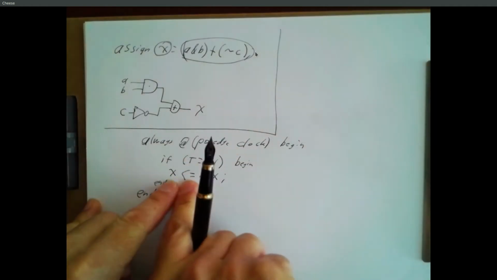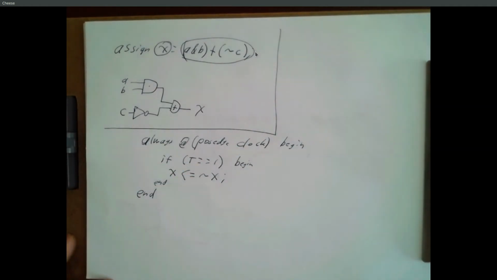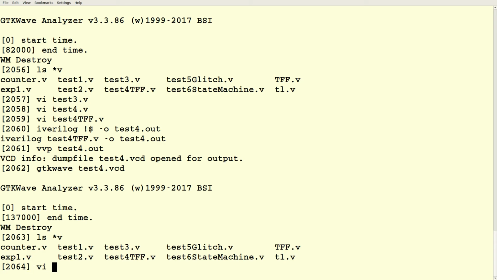All right, so if T is 1, we want X to toggle, otherwise we don't want X to change. Yeah? So what if you do an exclamation point instead of the tilde? I think exclamation marks work also for negation. They work. Is it different? I think it's just dealer's choice. Okay, cool. But let's find out.